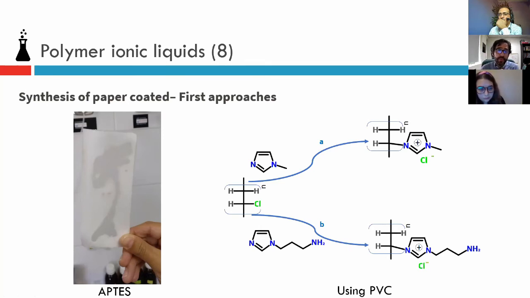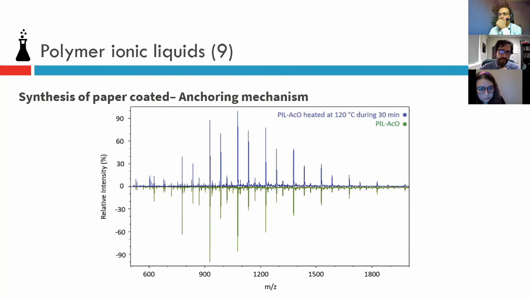The last approach that we used was a combination of the dip coating technique and a thermal curing. The idea is just to introduce the paper into the solution containing the polymeric ionic liquid, and then we dry and heat this paper at a high temperature, 120 degrees, for 30 minutes, just to make possible the interaction between the amine groups from the polymeric ionic liquid and some carbonyl groups that can be found in cellulose.